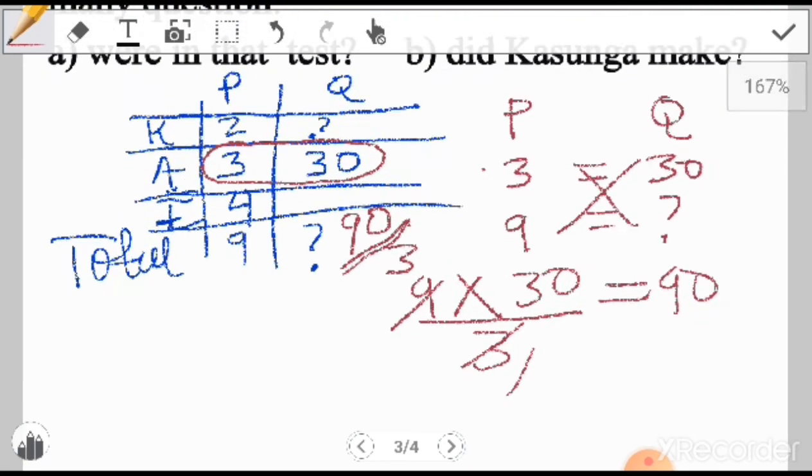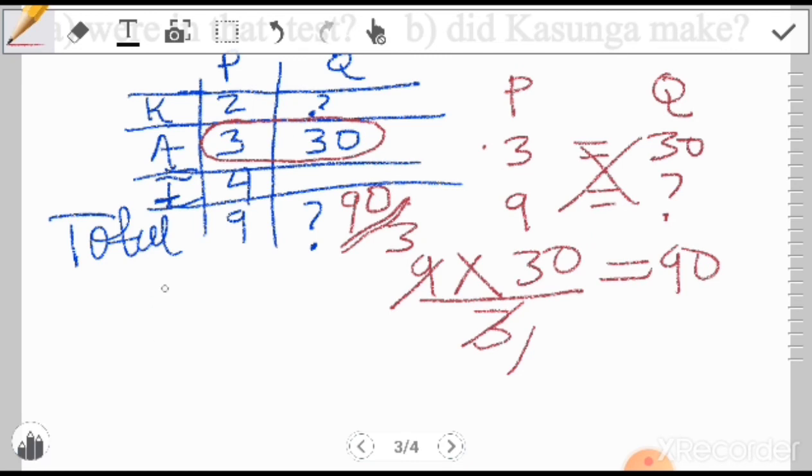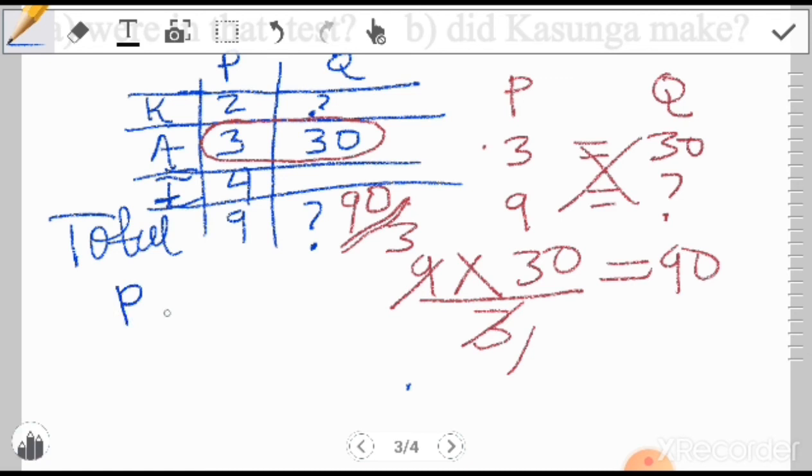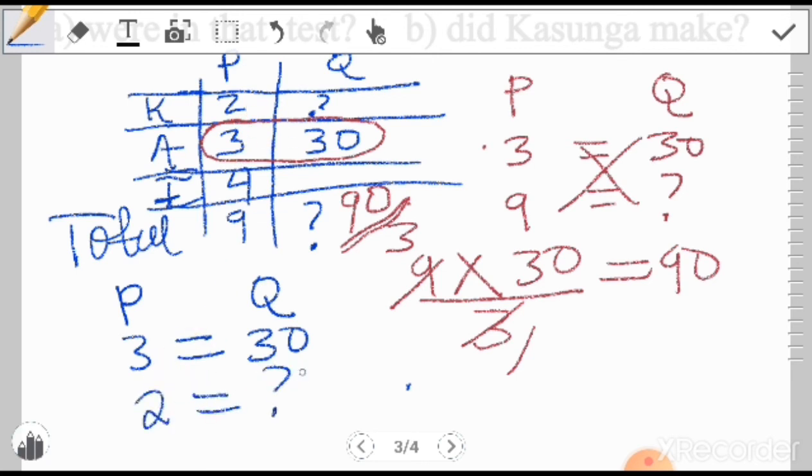Now let's answer the second part. Our starting point, parts, quantity. So our starting point is 3 with 30. Now we ask ourselves, 2 parts will go with how many questions? The same procedure, we use cross multiplication. 2 times 30 over 3.